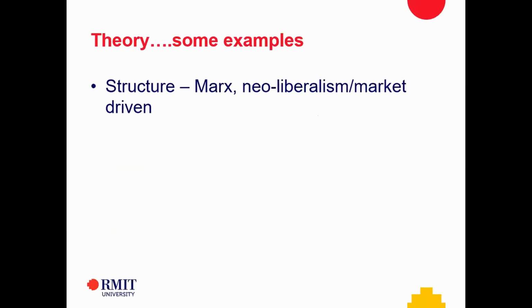So probably a good way of dealing with a potentially complex idea or set of ideas is to look at some examples of theories. Let's consider some of these. One theory that is very prominent is this idea of structure, and it's the idea that we have an overarching set of values or institutions or laws or practices which guide us down to the grassroots level.